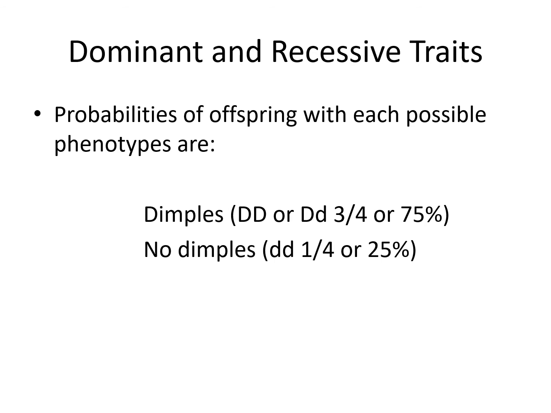So 3 out of 4, or 75%, of the children will have dimples. Only 1 out of 4, or 25%, will be little d little d. That's homozygous recessive, and they will have no dimples. Okay, so 75% will have dimples, 25% will not have dimples. But for the 75%, we don't necessarily know the genotype.